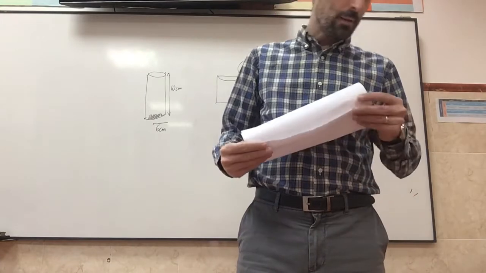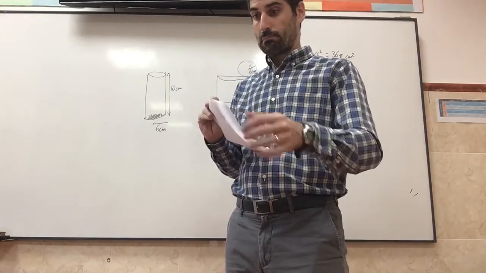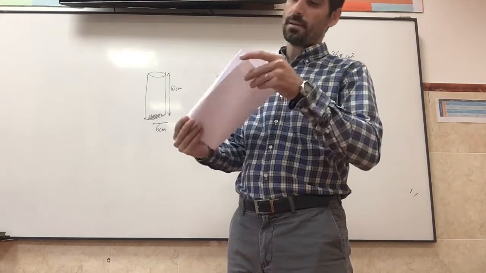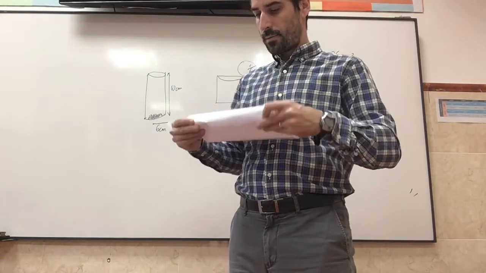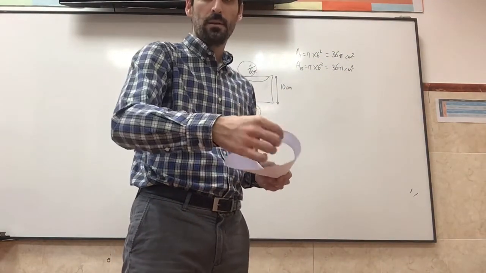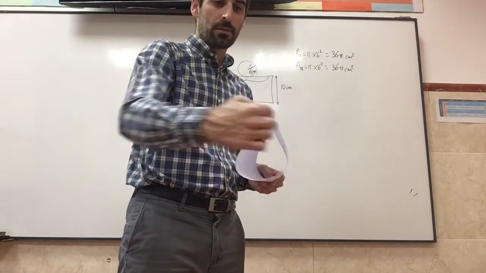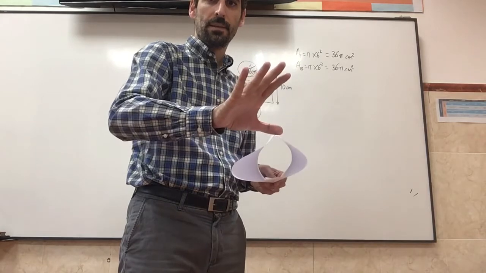This paper is creased down the middle, but hopefully you'll get the idea. If that was the cylinder, this is a circle, hopefully. So that's the base of the cylinder.